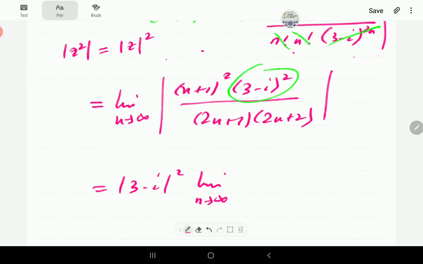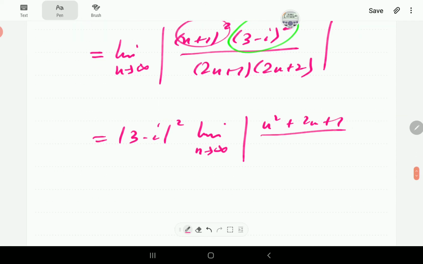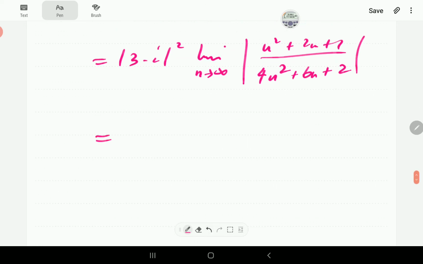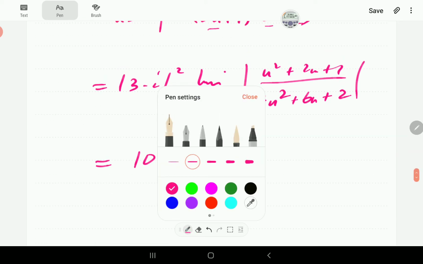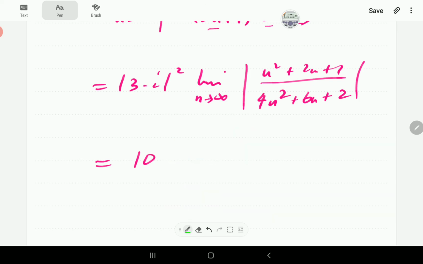And then inside here now we're going to be left with n squared plus 2n plus 1, just expanding that, and then expanding the denominator we're going to have 4n squared, that's this, and this is going to be 4, so it's going to be plus 6n and then plus 2. The magnitude of this squared is just 10, and then the limit of this rational function is just going to be dominated by these two terms here.